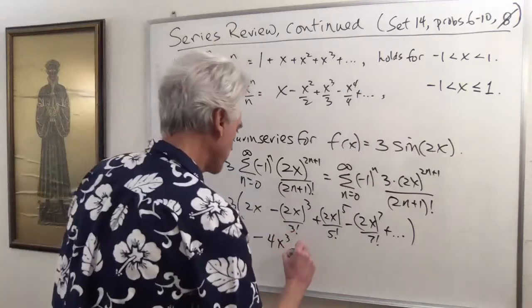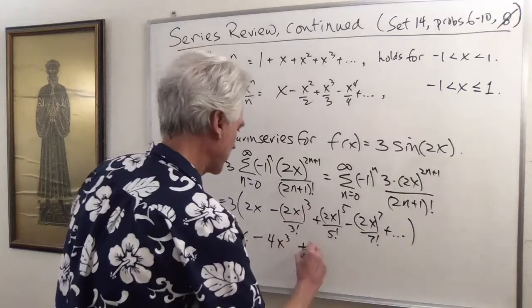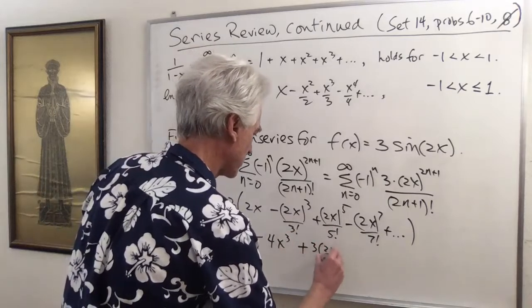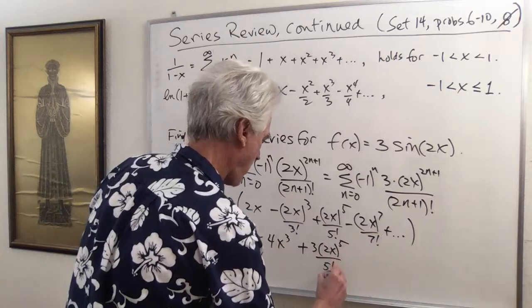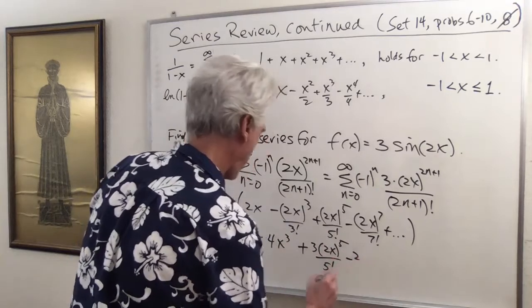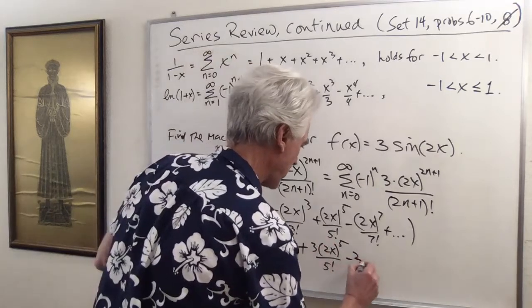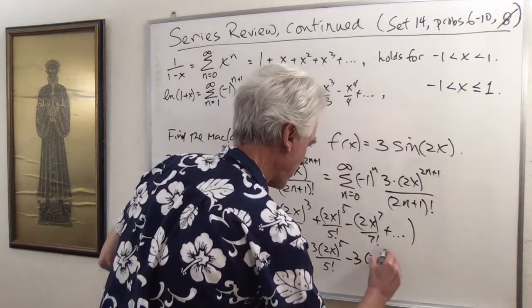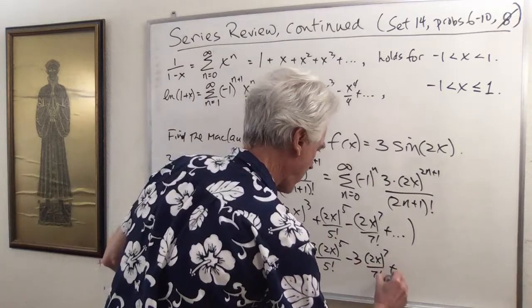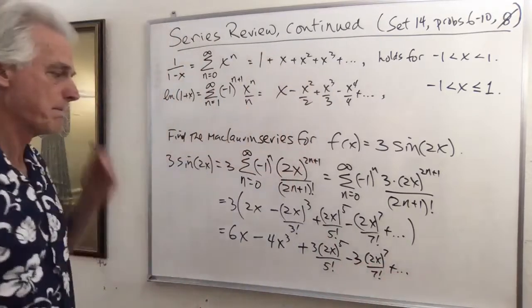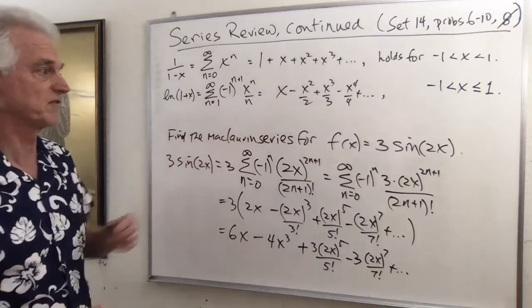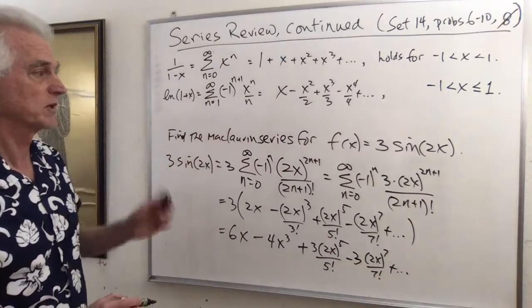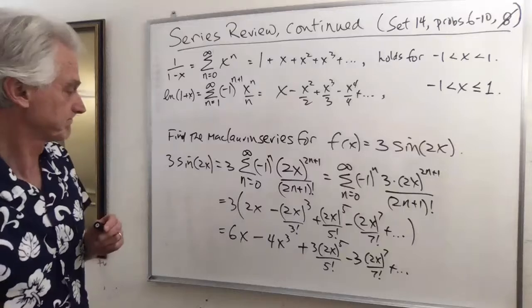And then for the rest of it, I'm not going to simplify these too much. Okay, all right. So here's the series for this function f of x is 3 times sine of 2x.